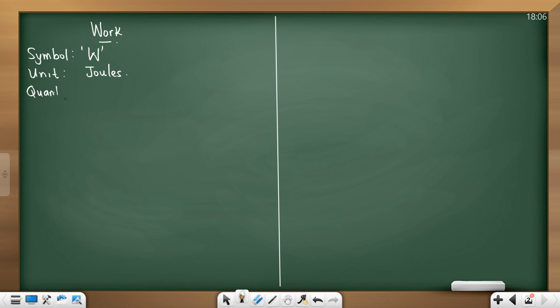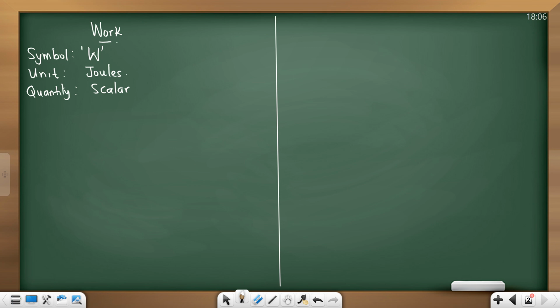Quantity: work is a scalar quantity. That's a very important point that we would need. Work is a scalar quantity. That's going to come in very handy somewhere along the line.